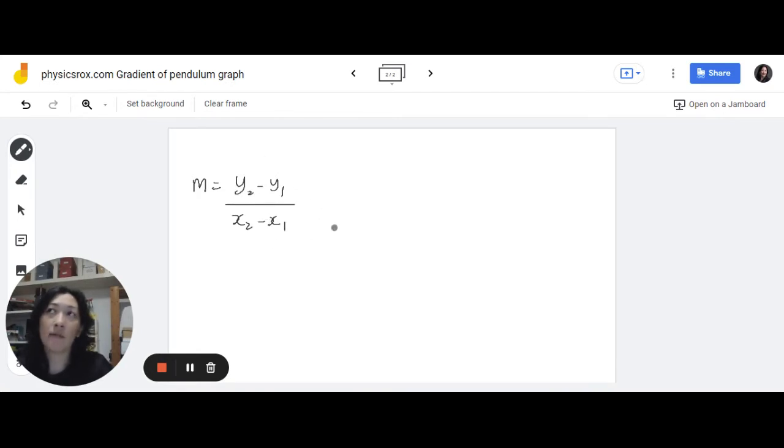Now, many students just know how to use the formula, but they have no idea what they're calculating. y2 minus y1 is actually the difference in y. If you have two coordinates, let's say this is (x2, y2) and this is (x1, y1), then y2 minus y1 is the difference between these two y's, and x2 minus x1 is the difference between these two x's.